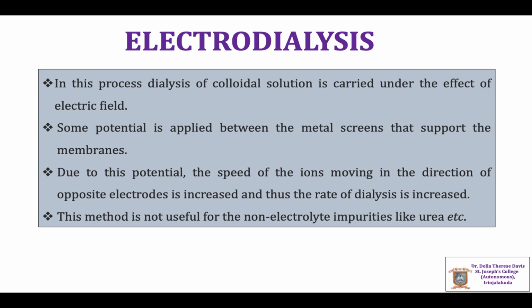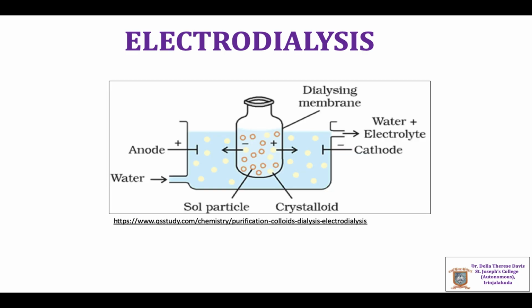Usually the process of dialysis is quite slow, but that can be quickened by applying an electric field if the substance in the true solution is an electrolyte. When an electric field is applied, the process is called electrodialysis.